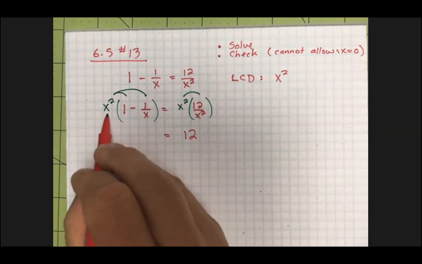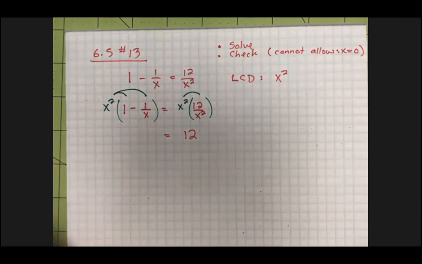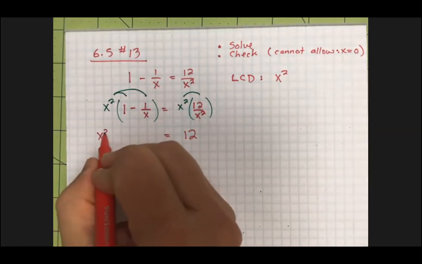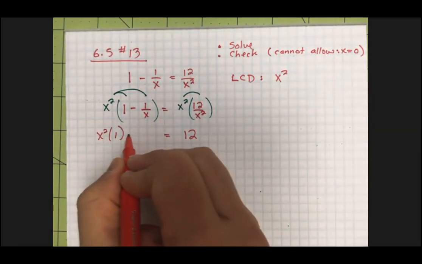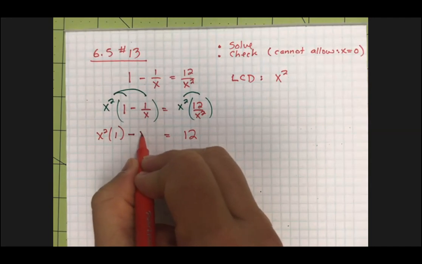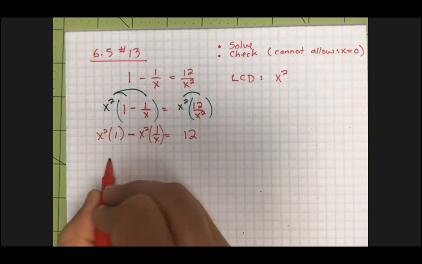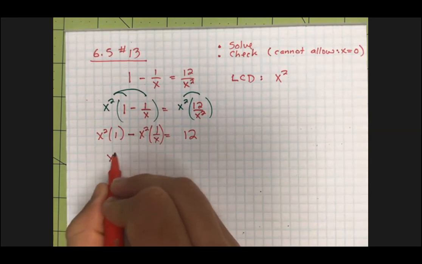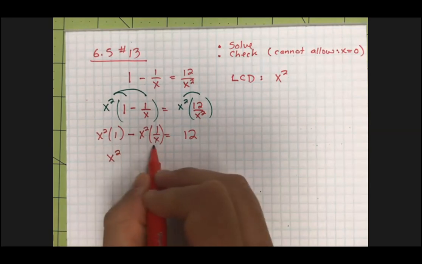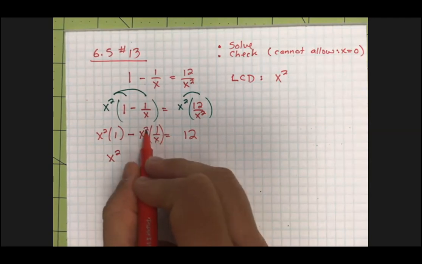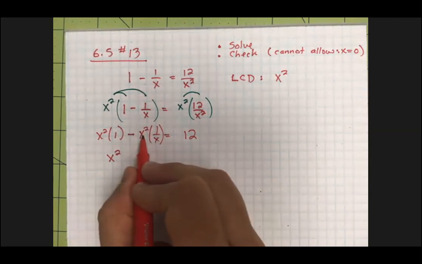On the left-hand side, I get x squared times 1. I want you to see me writing it. And I get x squared times 1 over x. X squared times 1, sure, it's just x squared. I could have written that right away. Even x squared divided by x just cancels one of the x's. I'll be left with minus x times 1.